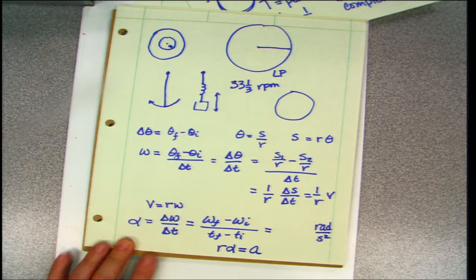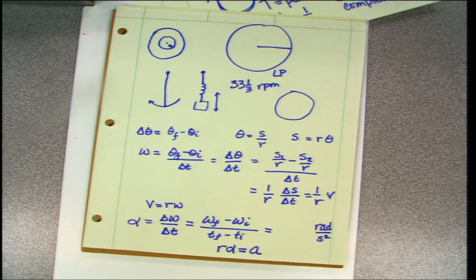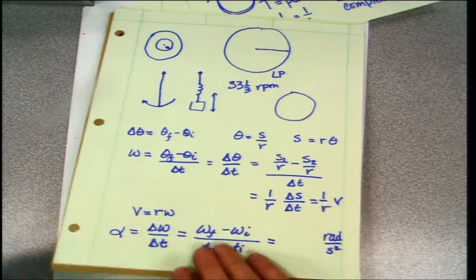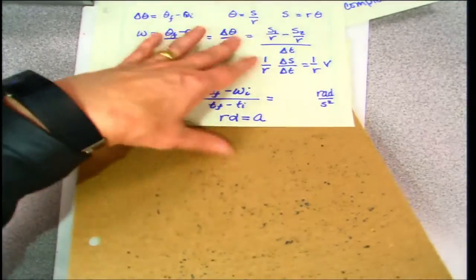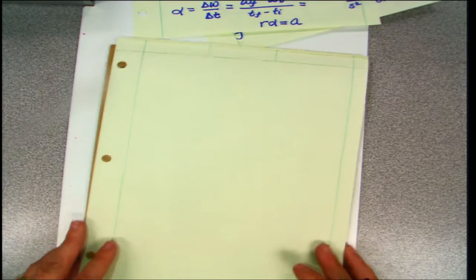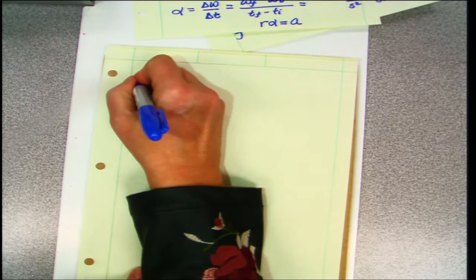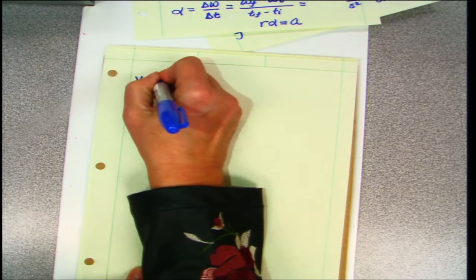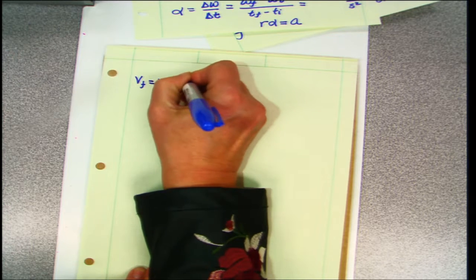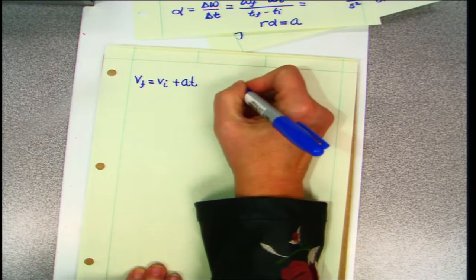I think we got here a little while ago, so I'll just write them all down. I can now do the same types of problems that I did before. There's my linear version. Here is my angular version. Here's my change in x. And here's my change in my angle.